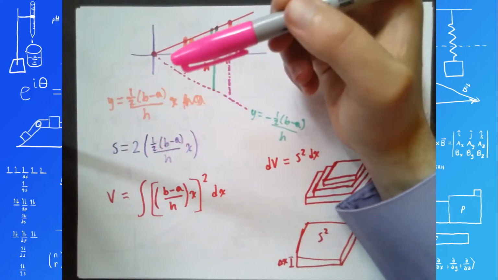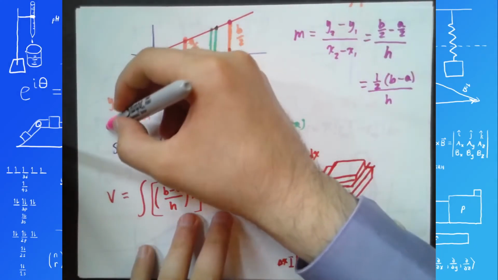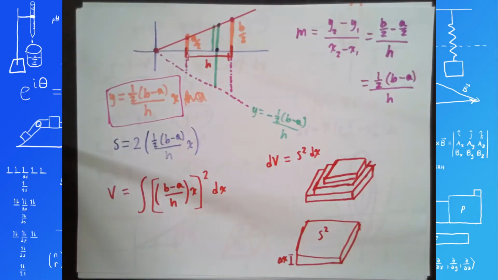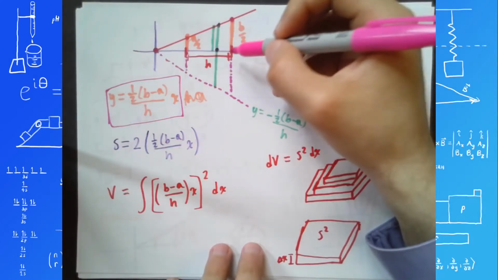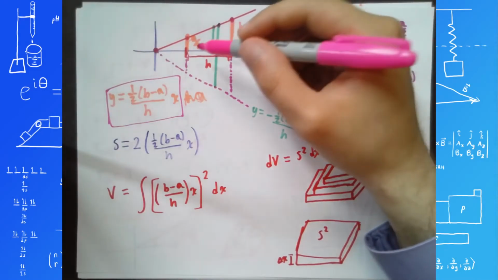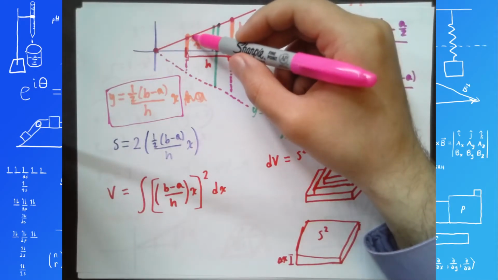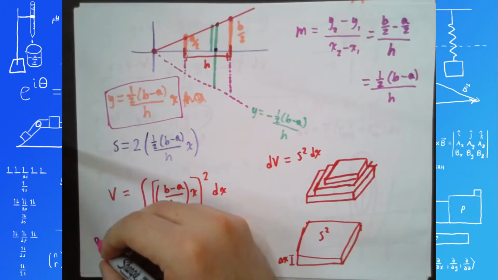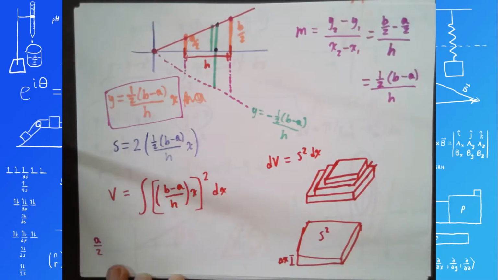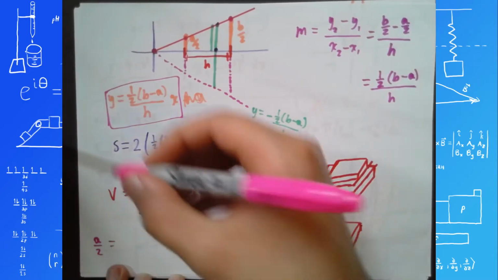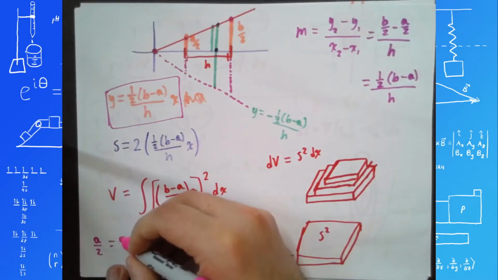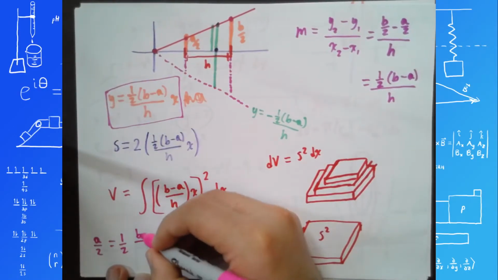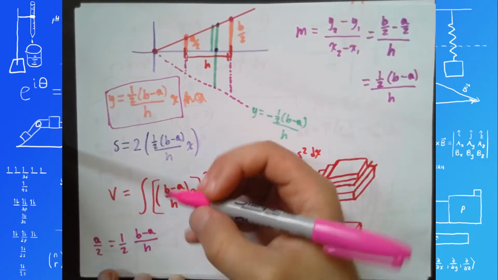And what would our starting and ending values be? Well, now that we have this, we can solve for the 2 x's in this case. So if I plug in y equals a over 2, where should I do this? I'll do it down here. A over 2 is going to be our y, is equal to 1/2 times (b minus a over h) times x.